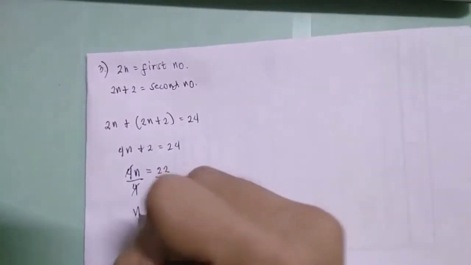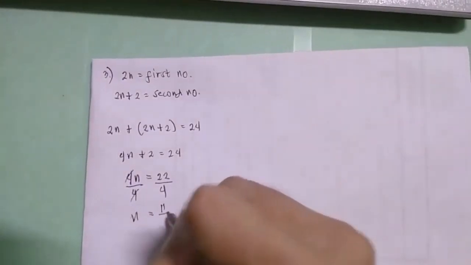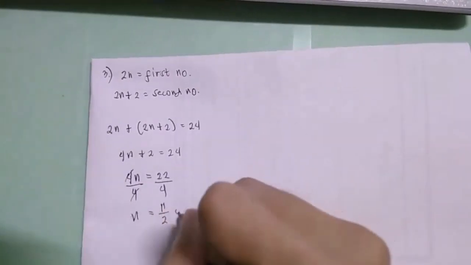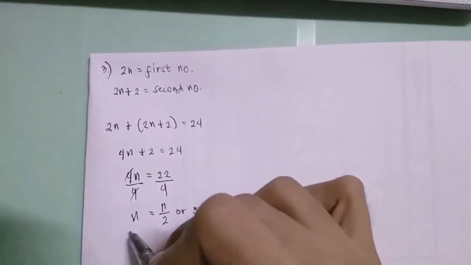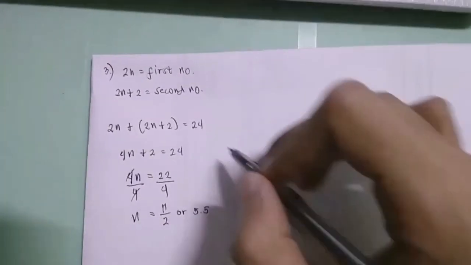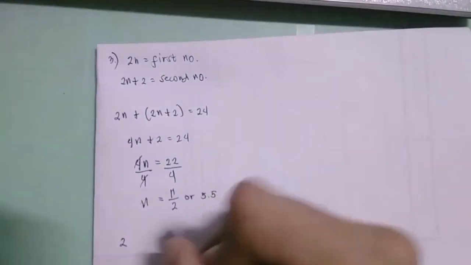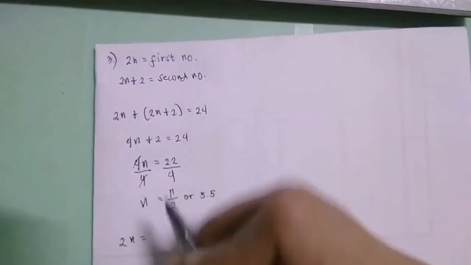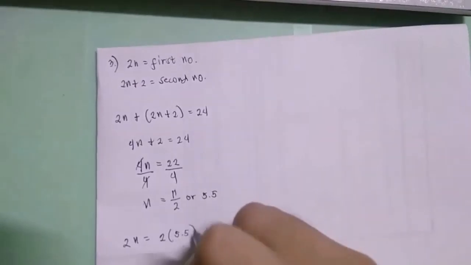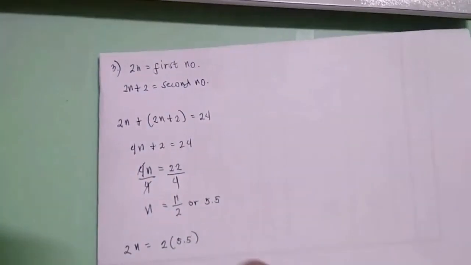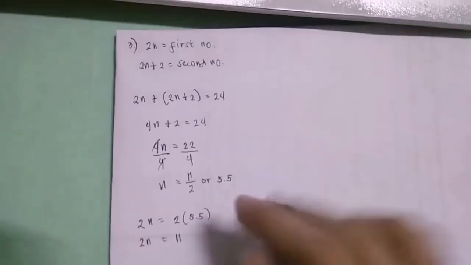n is equal to 11 halves, or 5.5. So let's substitute the value of n so we can get the numbers. 2n is equal to 2 times 5.5, which is equal to 11. 2n is equal to 11, the first number.